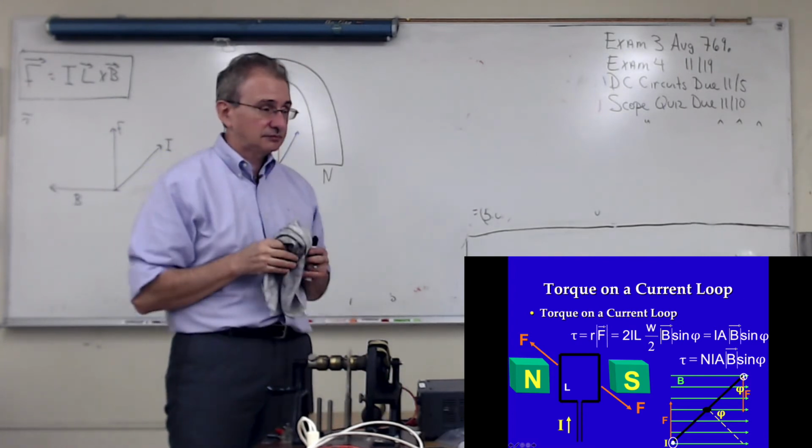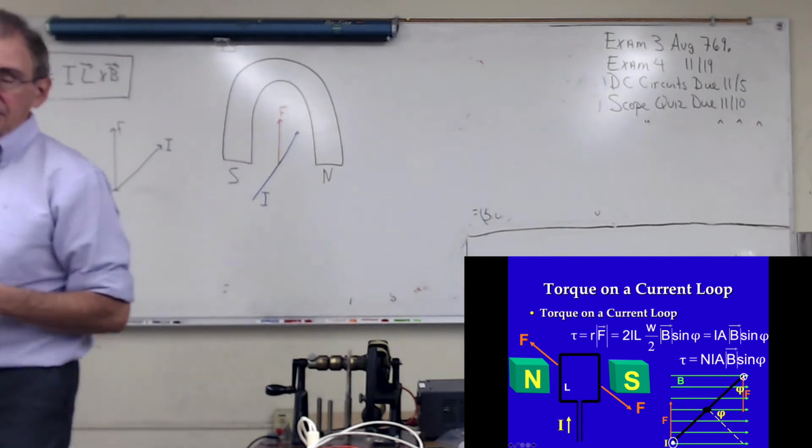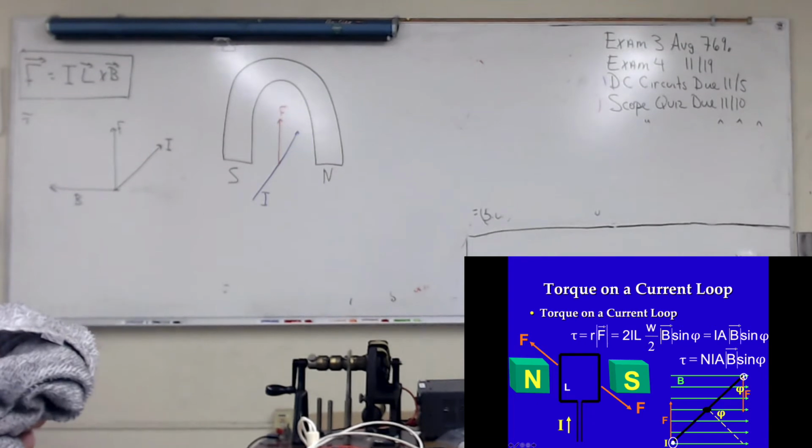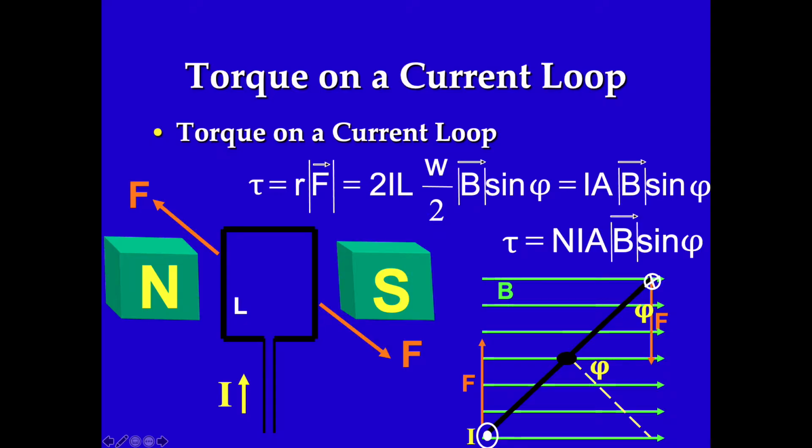So, in the figure, and maybe I'll blow this up so you can see it better, I have a loop of wire in a magnetic field. The ends are the north and the south pole of a magnet. Although we're going to assume that the magnetic field is uniform, the picture you see really doesn't indicate a uniform magnetic field.